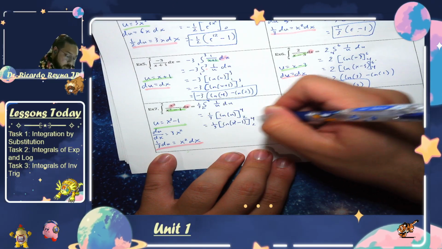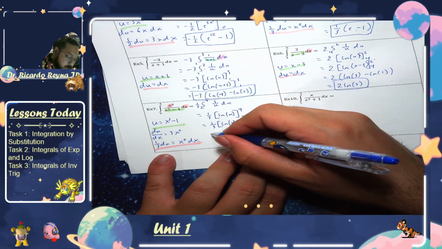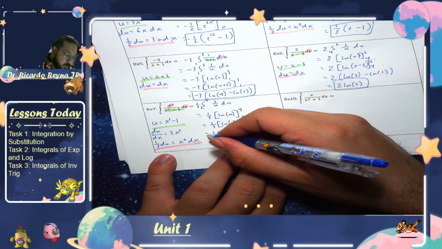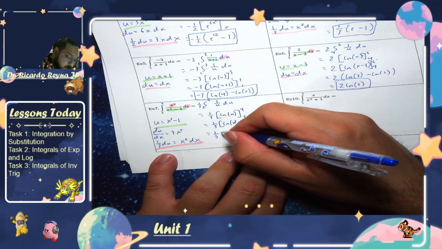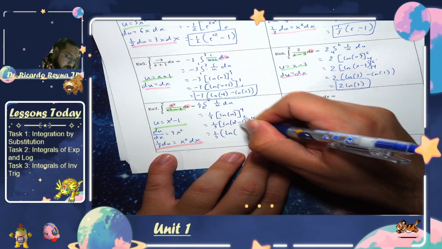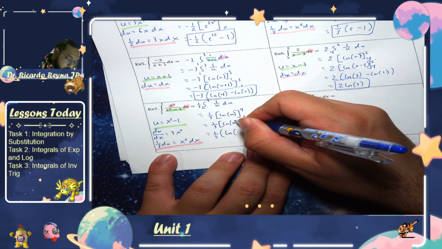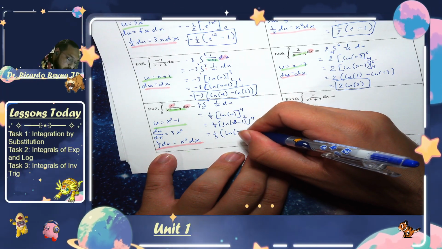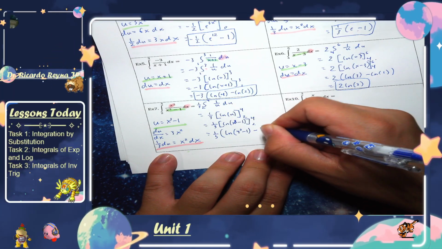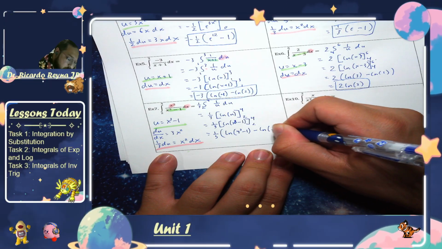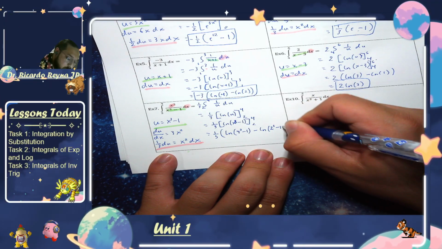And I'll put in 4 and 2 back respectively. This step I did skip over here because it was a bit easy just doing it in your head, but I'm going to do these out loud because I don't want to mess this up. So I'll do 4 to the power of 3 minus 1 and minus ln of 2 to the power of 3 minus 1.